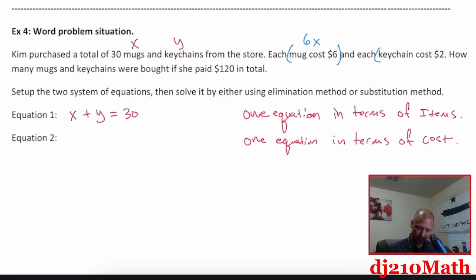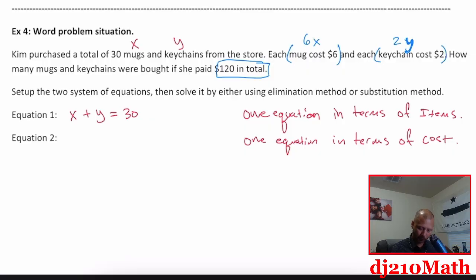And then the keychain costs $2. So similarly, this is not x, this is 2y, because if keychains are y, then it's $2 times the number of keychains. The total she paid was $120 in total.